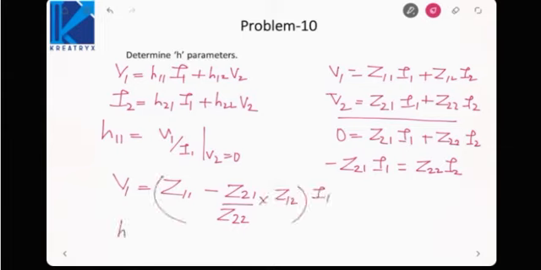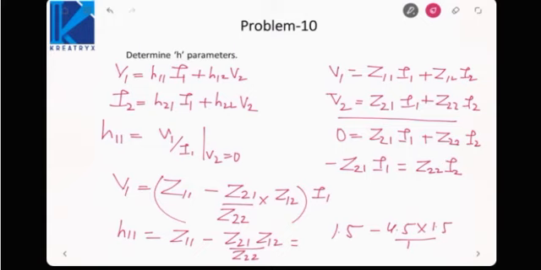So what is H11? It is Z11 minus Z21 Z12 by Z22. If we calculate this term, Z11 was 1.5 minus 4.5 into 1.5 by 1.5. That is equal to minus 3. So H11 comes out to be minus 3.